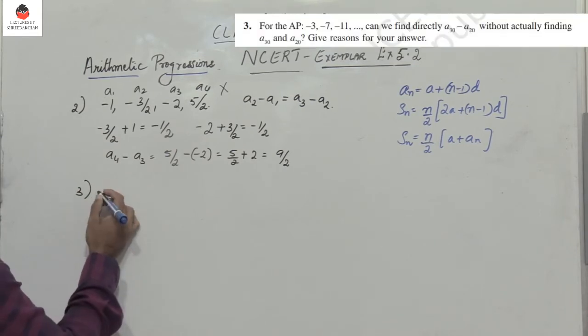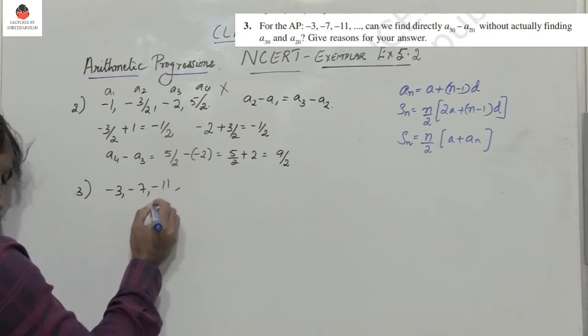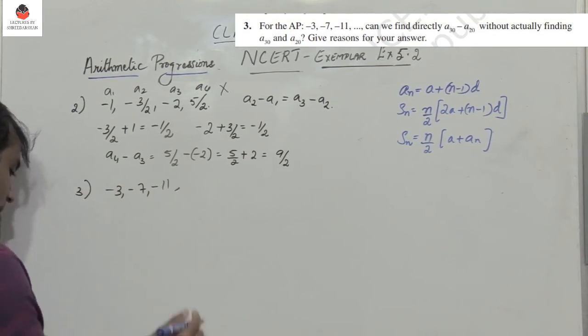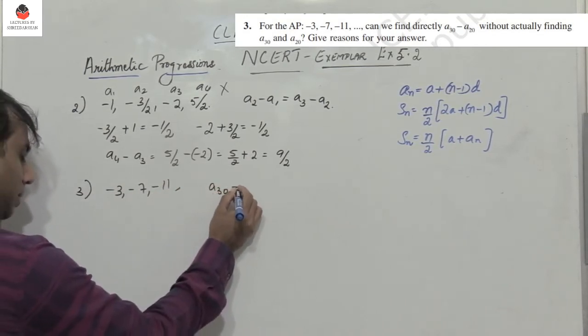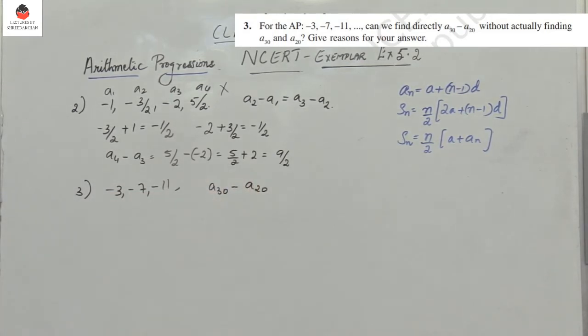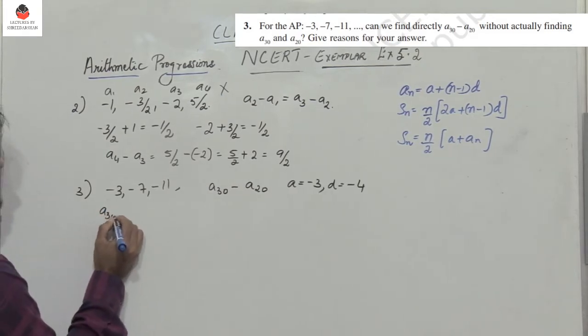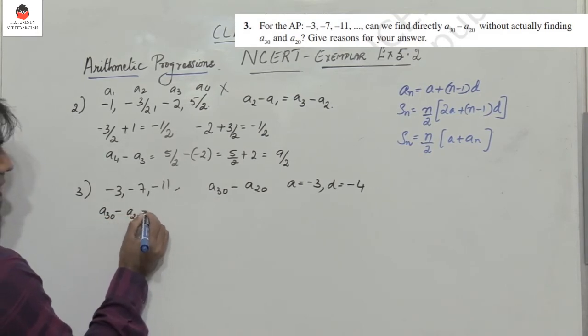3. For the AP minus 3, minus 7, minus 11, can we find directly A30 minus A20 without actually finding A30 and A20? Give your reasons for your answer. So here let me consider A30 minus A20. So what is A30?